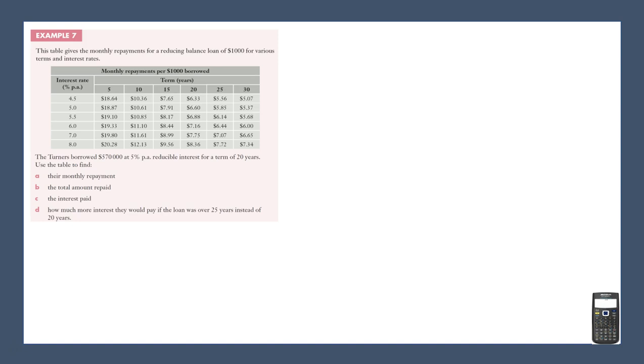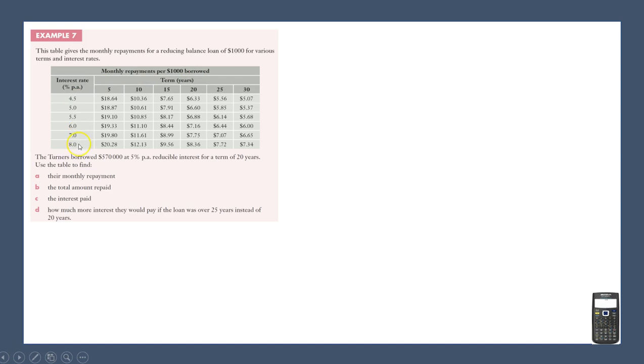This table will only be useful if you're looking at repaying the loan on a monthly basis. The amount that it's set for is $1,000. Well, we could vary that, I guess. If we had 10,000, we could multiply these values by 10.